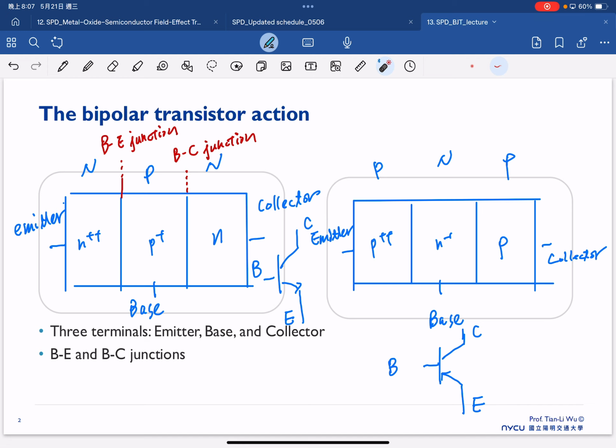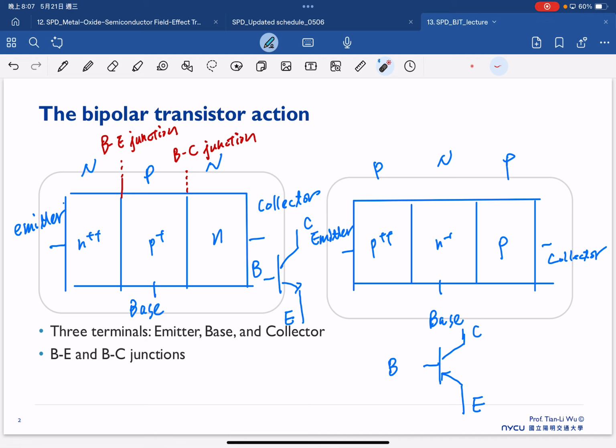I'm not sure for everyone, but if you are in an EE background, we have electronics 1, 2, 3, and usually MOSFET is electronics 2, and the third is very advanced. That causes the impression that the MOSFET is more complicated than the BJT. That's why the professor lectures the BJT in the beginning and moves on to the MOSFET. But once you understand the semiconductor physics, you will figure out that MOSFET is way simpler than the BJT.